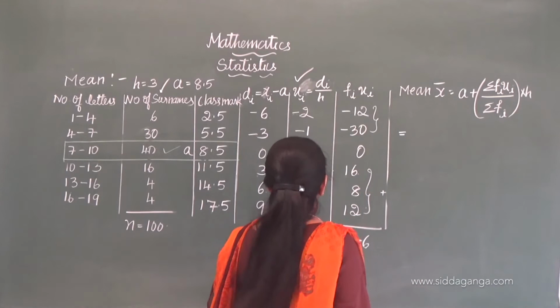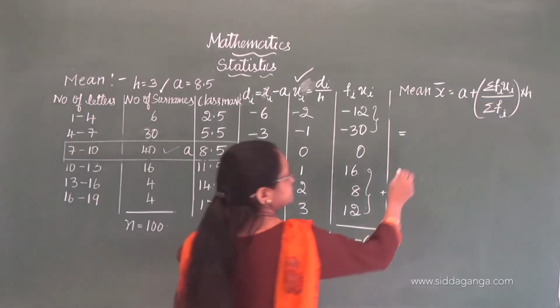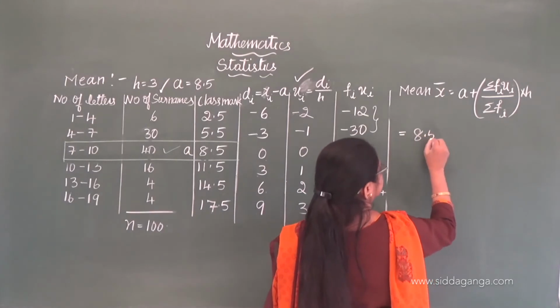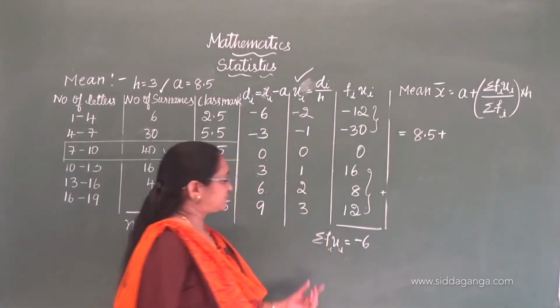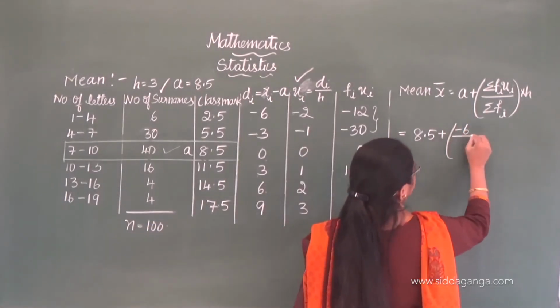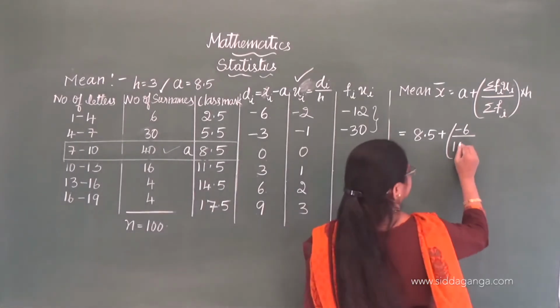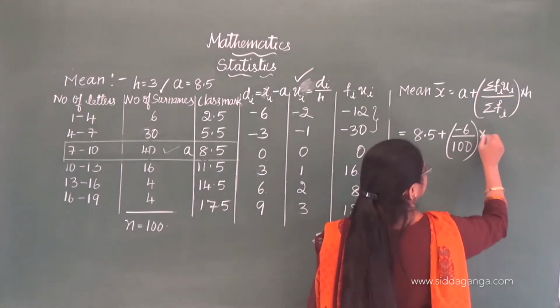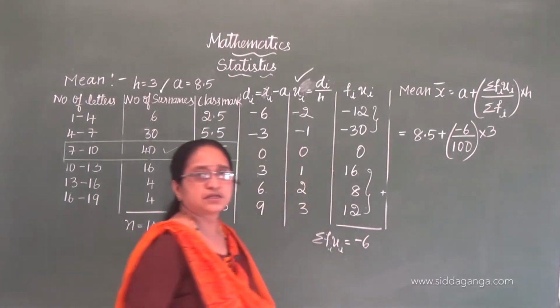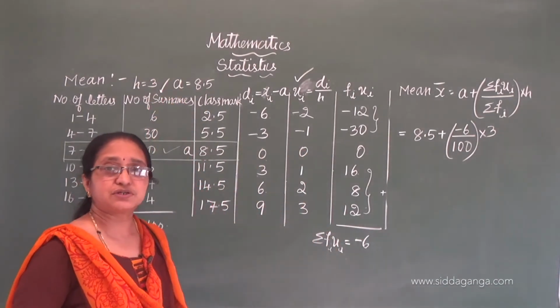So A is what? A is 8.5 plus sigma Fi ui is minus 6 by sigma Fi is 100 into 3. H is 3, correct? Width of the class interval.